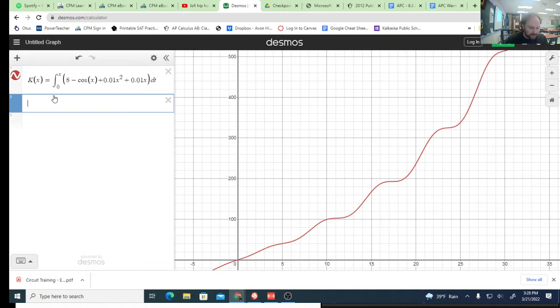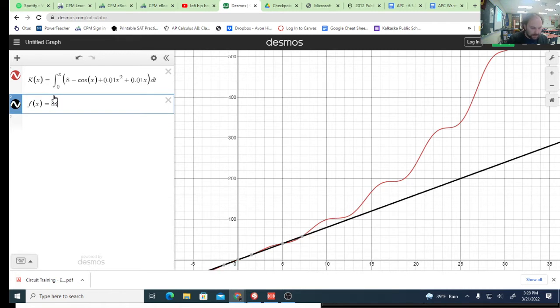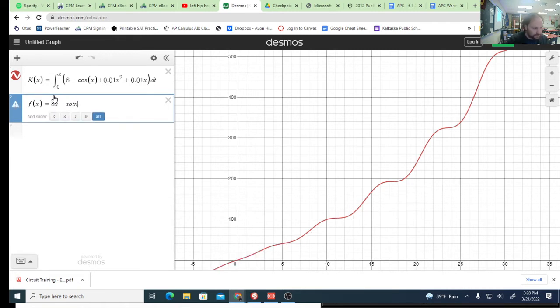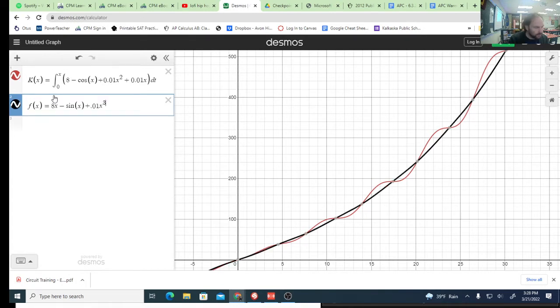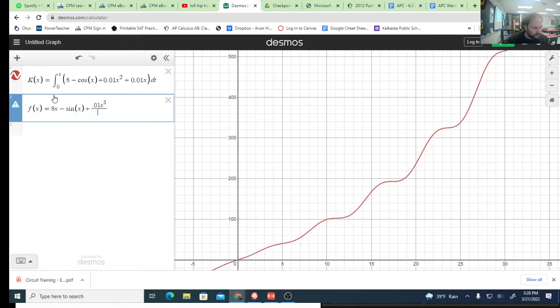Our expression was capital, I guess I could do some other f of x equals. We had 8x minus the sine of x plus 0.01 x to the third power divided by 3 plus 0.01 x to the second power divided by 2.